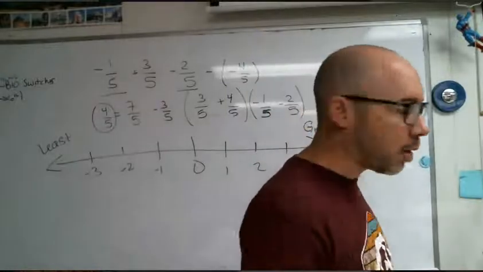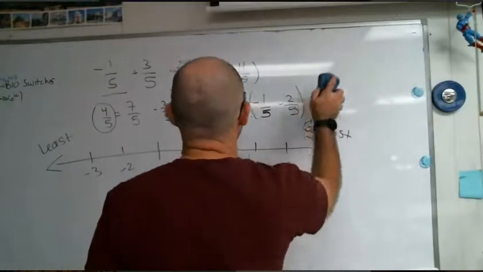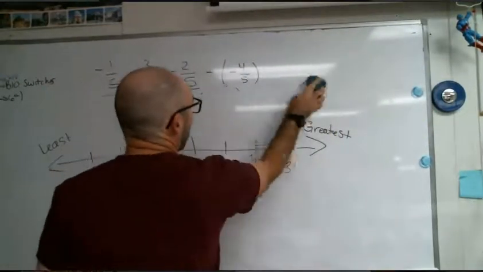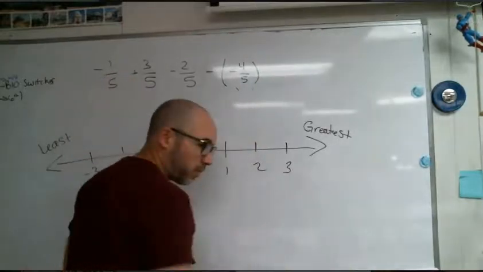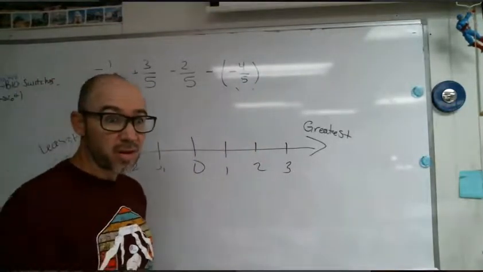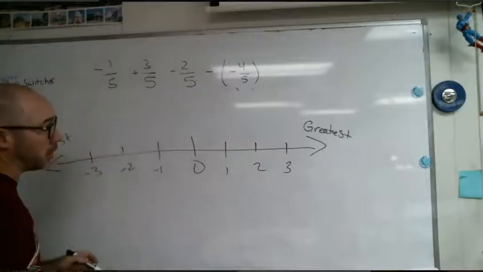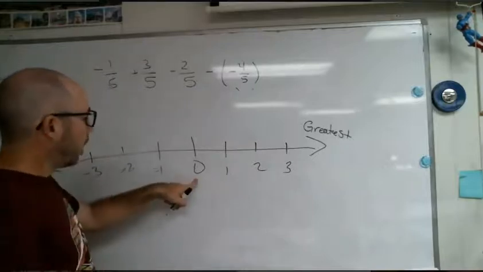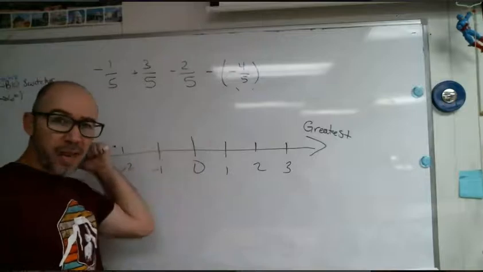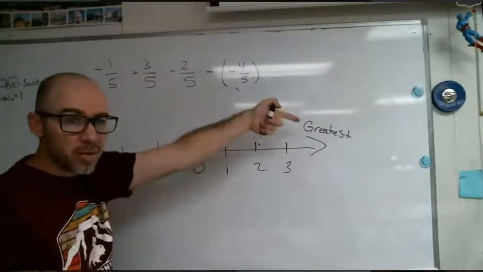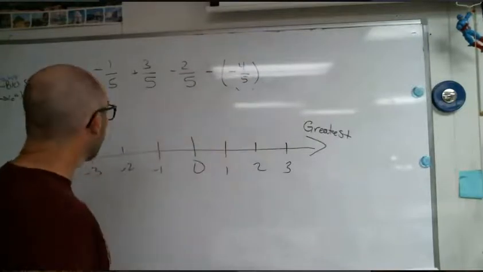Let me show you another way to think of the same problem, and that would be using something called vectors and the real number line. Negative things are always pointed to the left, and positive things mean we're going to travel further to the right.